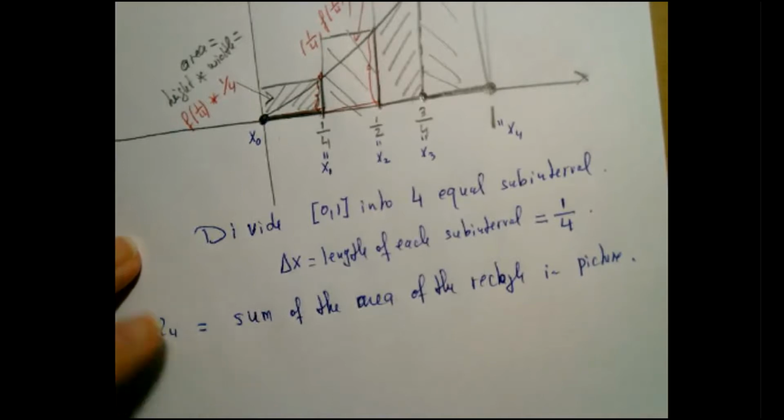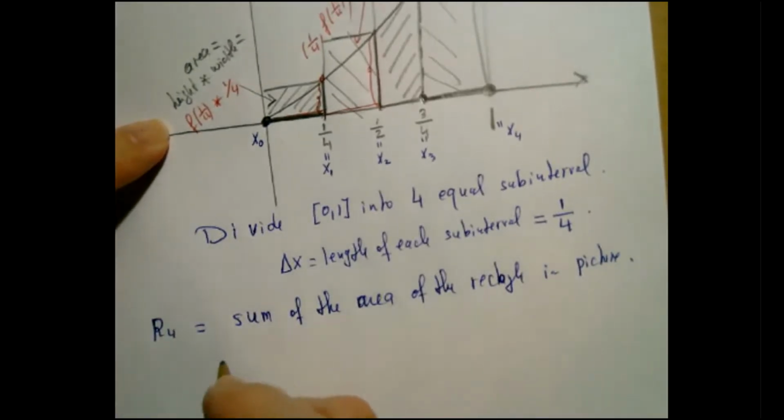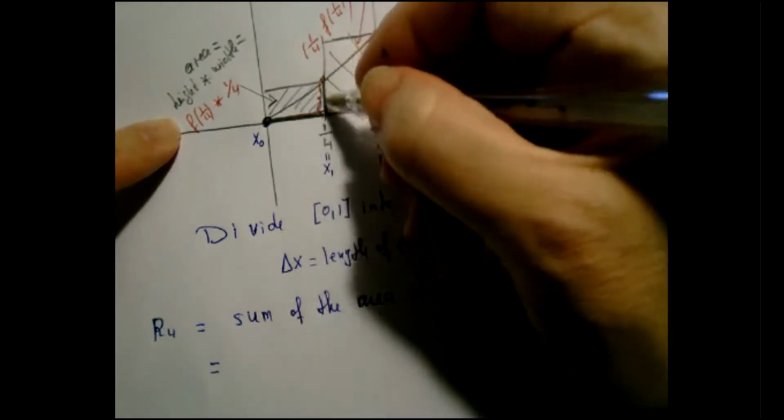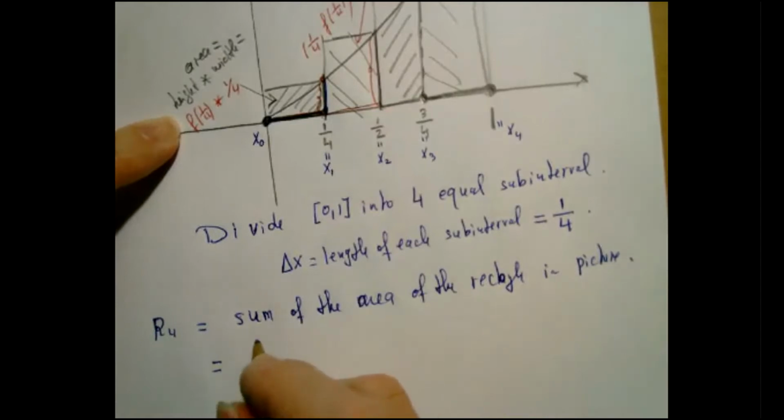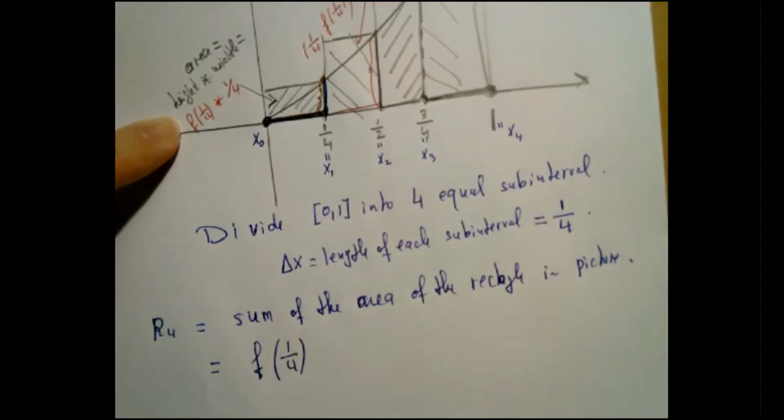What was the area of the first rectangle? The height is the value of the function at 1/4. The width is from here to here. So it's the value of the function at 1/4 times the width, 1/4.